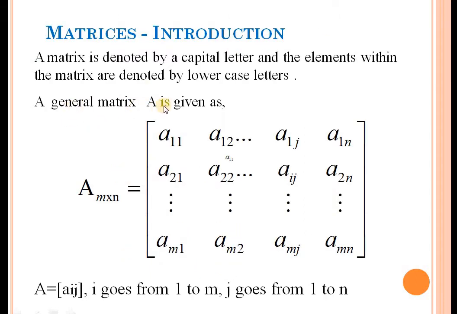In general, a matrix is denoted by capital letters A, B, C, and the elements are denoted by small a, i, j.